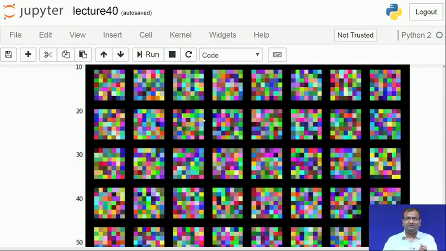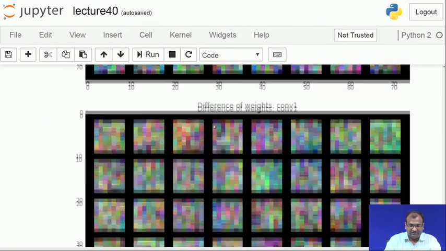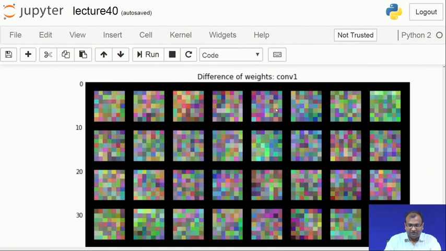That practically means that the proportionate ratio for the R, G and B channels is not changing much, but the intensity or the nature of the weights is changing. So let's get into the weight difference. You see a lot of these random patches coming up, so there has been a significant amount of change, but the proportion is the same, and that's the reason why the shades are not changing.